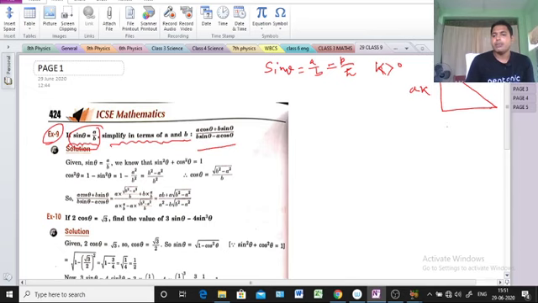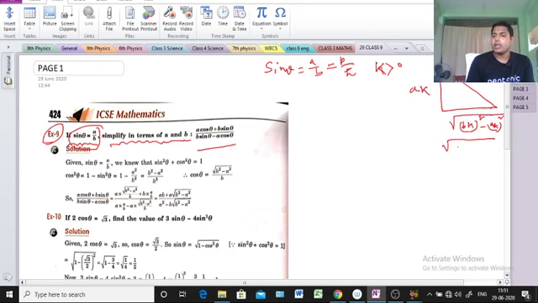Clear? Now we find the base. According to the Pythagoras theorem, the base equals the square root of hypotenuse square minus perpendicular square. Clear or not?